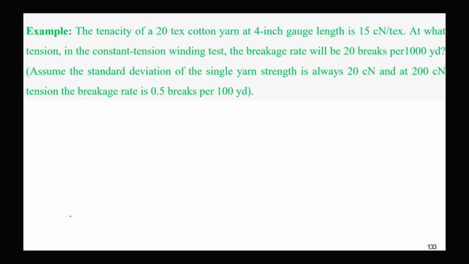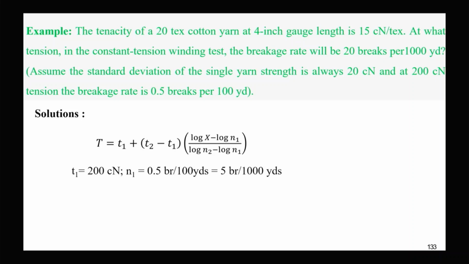So the similar numerical we have already done. So T can be calculated using T1 200 cN, N1 5 breaks per 1000 yards. We have to reach this target value and to use K as 3.3.